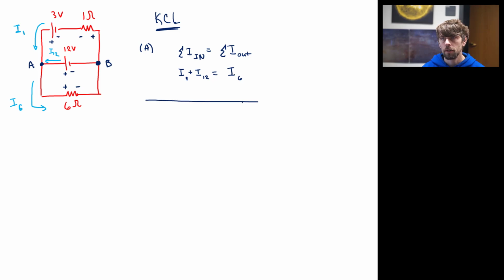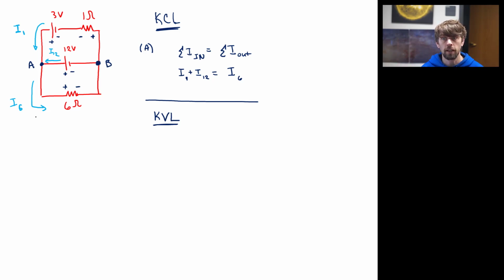Next up, we have 2 more equations that we need to find. We have an additional 2 unknowns, and so we will have to choose two loops or paths around the circuit to analyze. Now, you should stop and ask yourself, how many paths are there? Good. There's three.